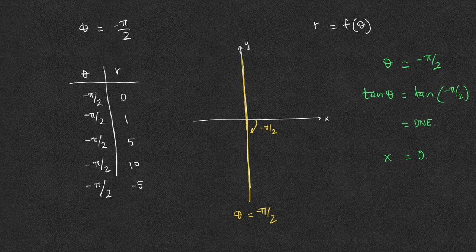We can also see this by using the conversion x equals r cosine theta. Theta is always negative pi over 2, but cosine of negative pi over 2 is 0, so x equals 0.